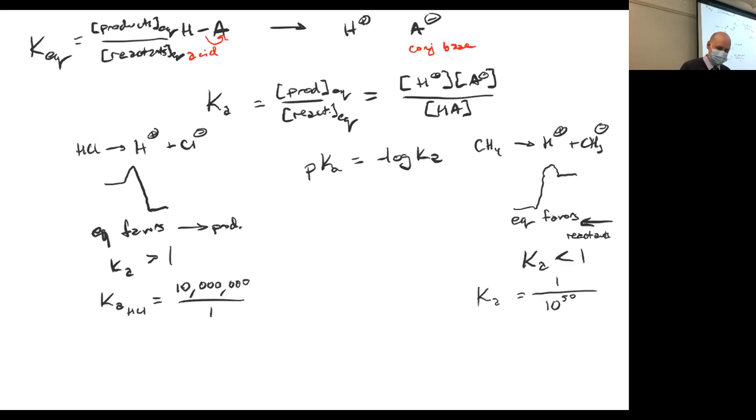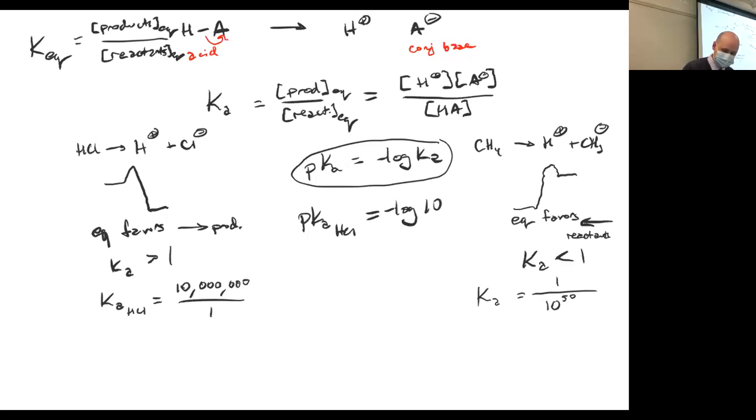This is an equation that I'm not going to ask you to do. We're going to memorize pKas or track pKas instead of Kas, because pKas are going to make all of these things a little bit more normal. So for a pKa, it's negative log of Ka. Let's do it for this one. The pKa of HCl is equal to negative log of 10 to the 7th.